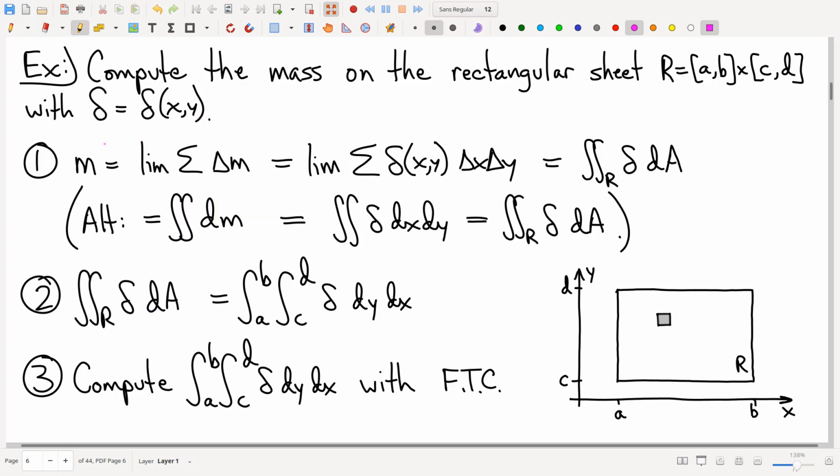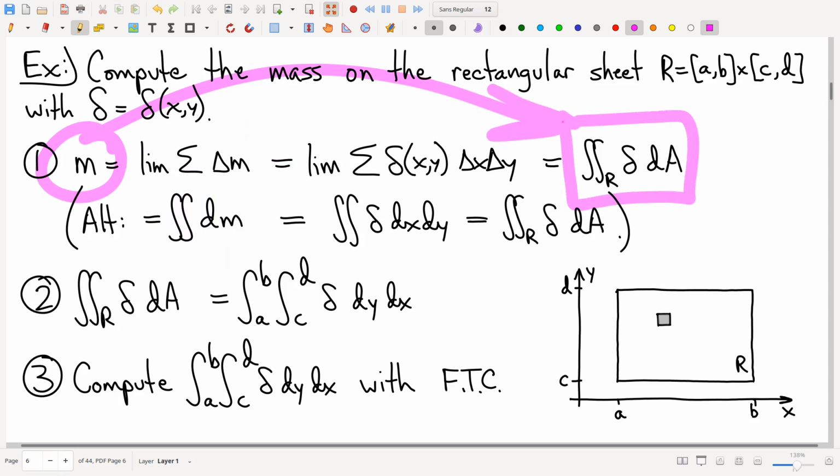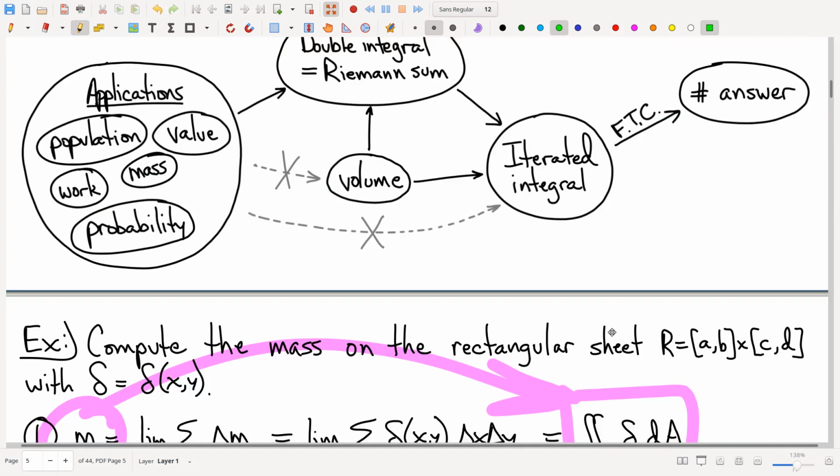Anyway, step 1, mass is a double integral. Step 2, the double integral is an iterated integral. Step 3, I can compute the iterated integral with the fundamental theorem of calculus to get an answer. Just like on the previous page.